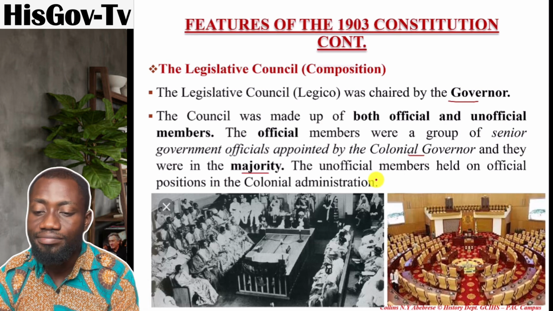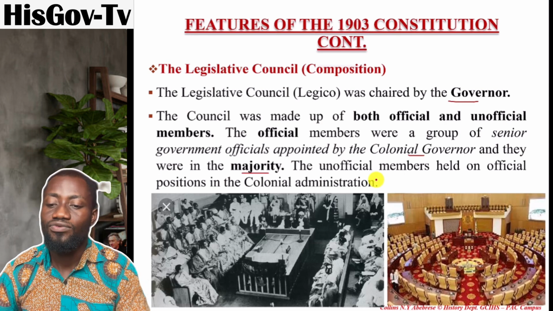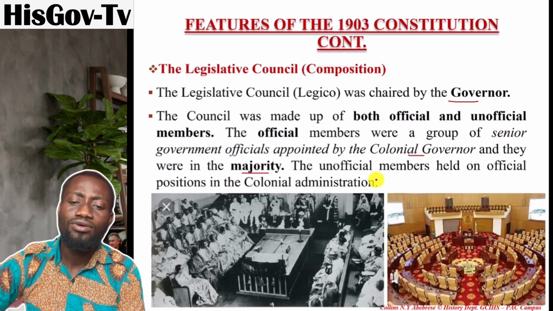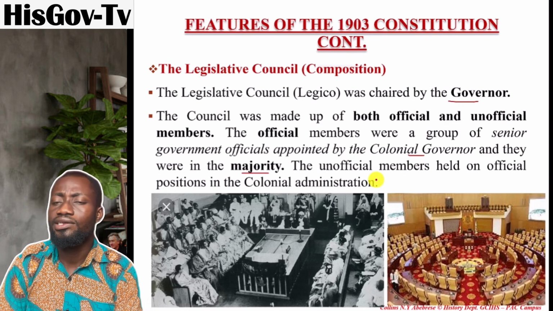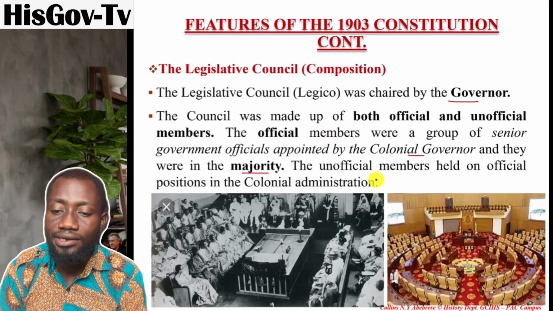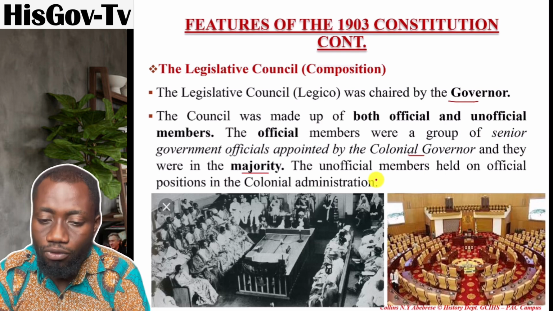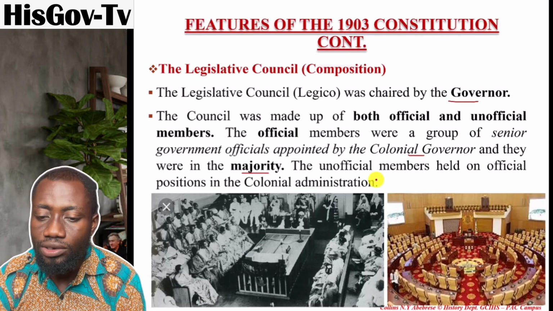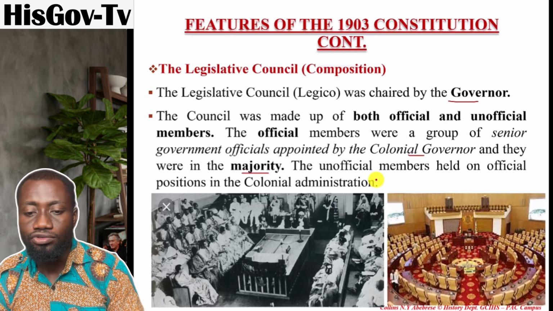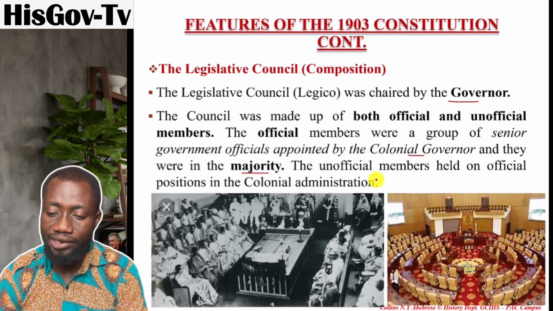They are, of course, normally the official members. The unofficial members were members who also held on to official positions. Some of them were either appointed by the governor or elected by the people. And so that is what you should know when you come across both official and unofficial membership.